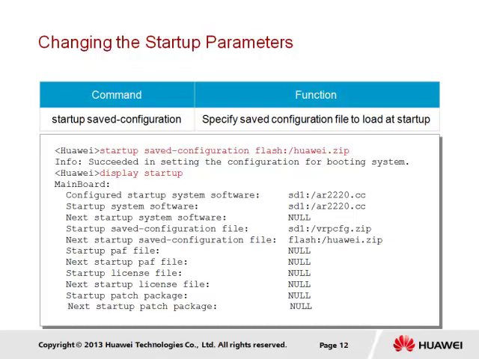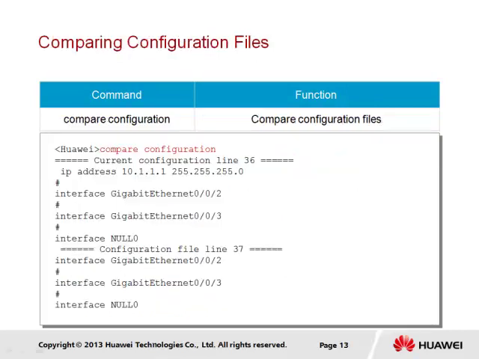Since the router in this case has not yet been reloaded, the current startup configuration file is shown to be the current configuration file. However, we can now also see that following the next startup, the new Huawei configuration file will be applied. Prior to saving the changes of a current configuration file, it is possible to verify the changes that are to be saved through the compare configuration command.